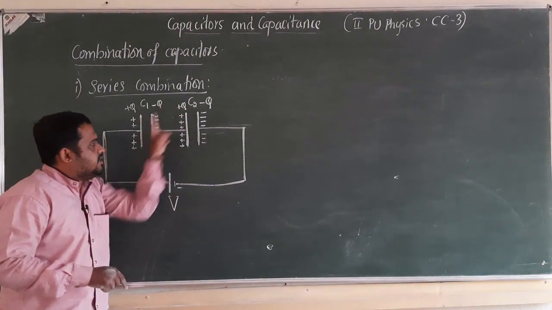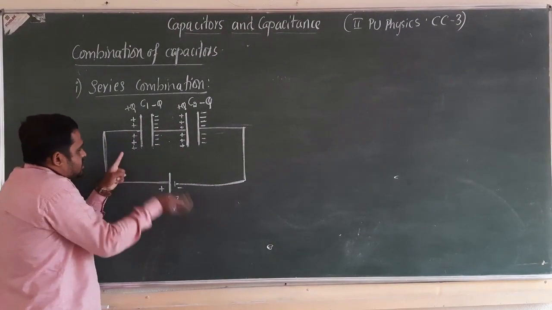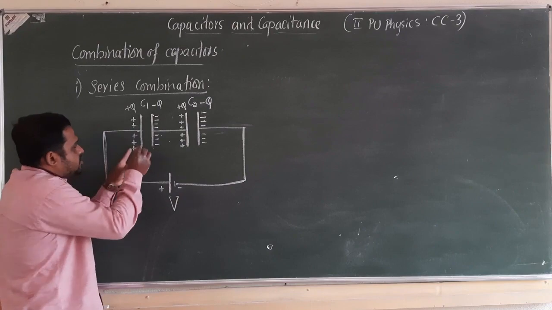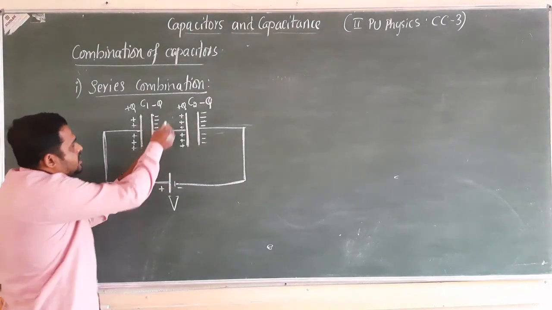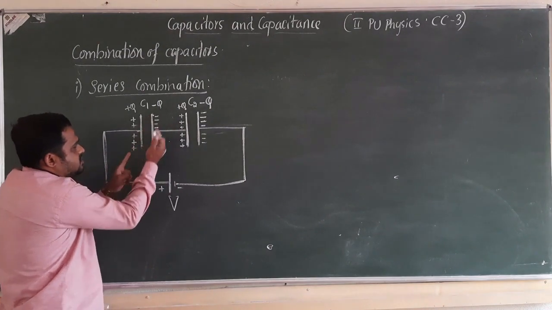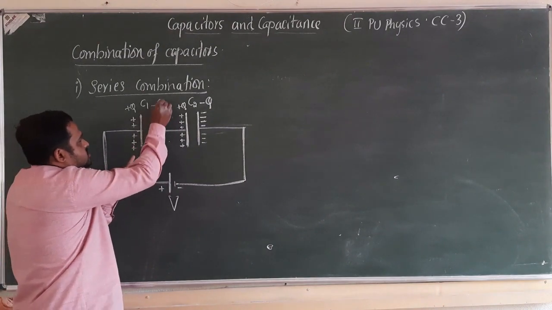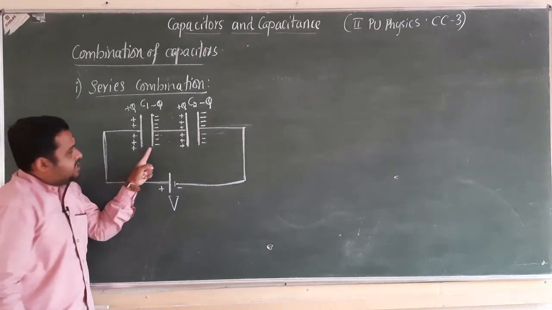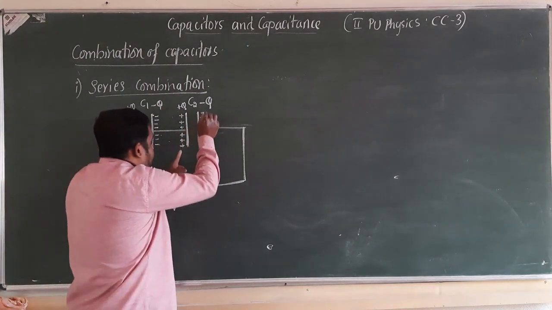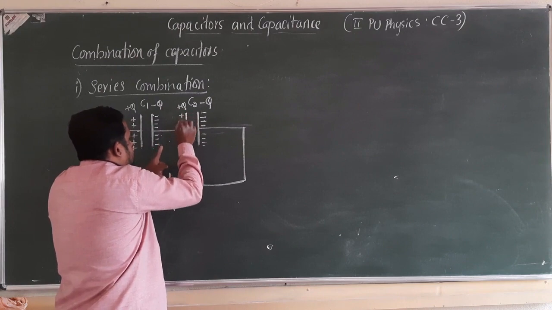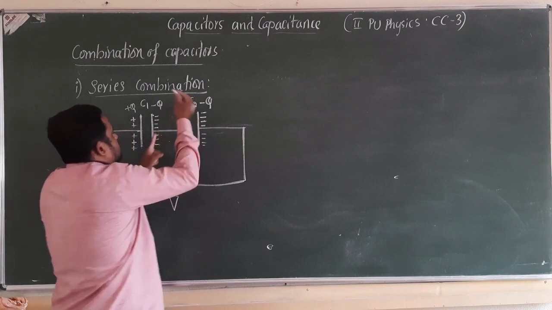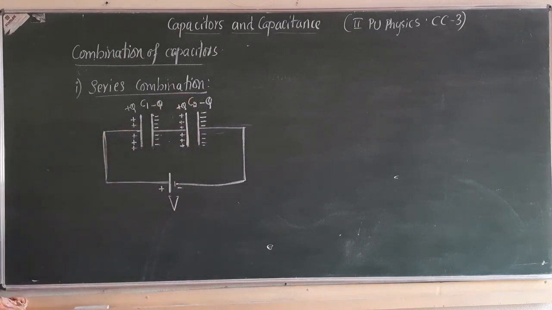It is a neutral conductor. Here there is accumulation of positive charge. Due to that, in case of this neutral conductor, charging by induction takes place. Negative charges will be attracted to this side. So minus q will be the charge on this plate. At the same time, positive charges will be attracted by the negative charges of this plate. So positive charges will accumulate here. Again, magnitude is equal to plus q. I think it is clear.